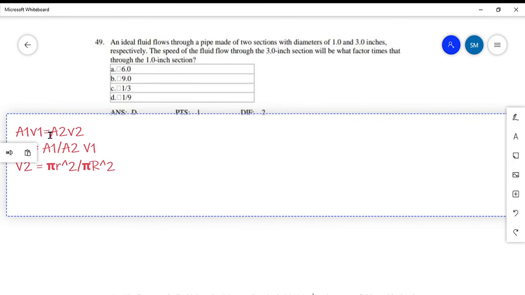We will find that V2 is equal to R1 power 2 over the other radius R2 power 2, all of this times V1. I forgot to write it here.